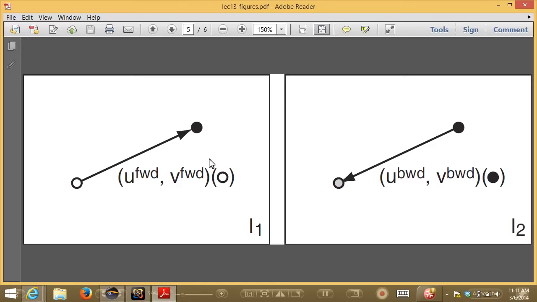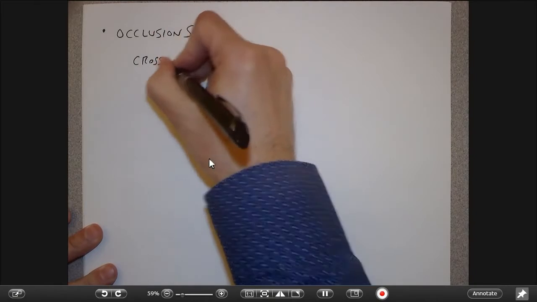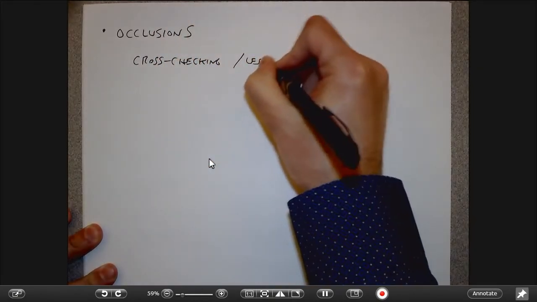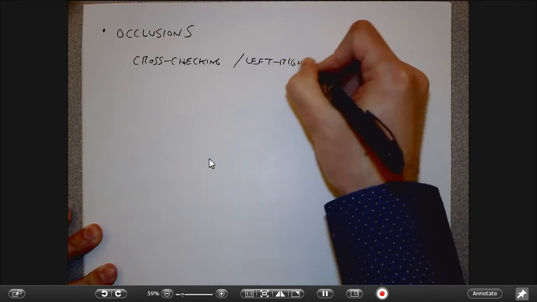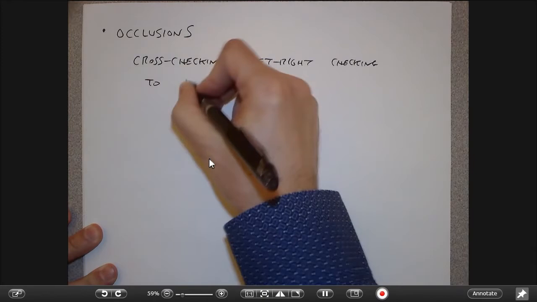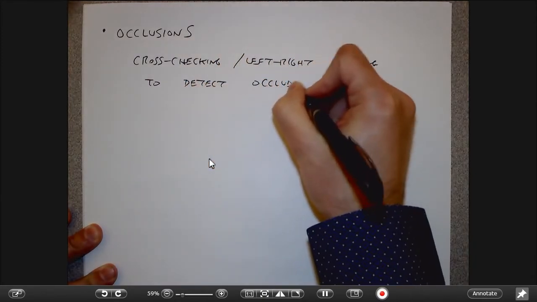If either of these vectors points in the wrong direction, this is sometimes called cross-checking or left-right checking. If I find that I'm in that case, I can throw that flow vector out. So I can do cross-checking or left-right checking to detect occluded points.